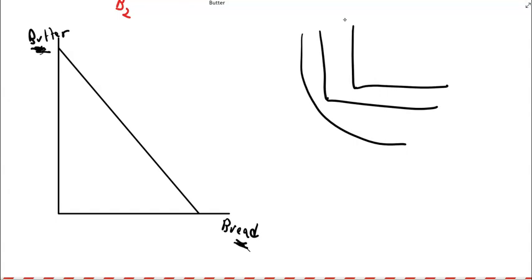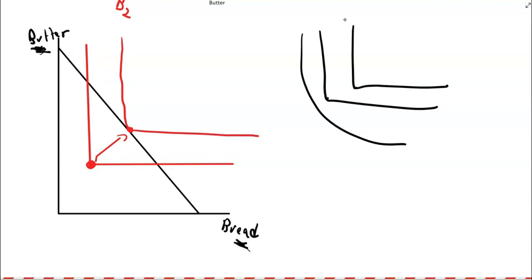So in our case, we would use the same idea as before. What if the shape is like that? Well, if we have this indifference curve, at this point, yes, this is fulfilling the ratio of butter to bread that I like, but I can do better. I can actually move outwards. In this case, it wouldn't be a tangent because this point is not curved, so we cannot find the slope here.